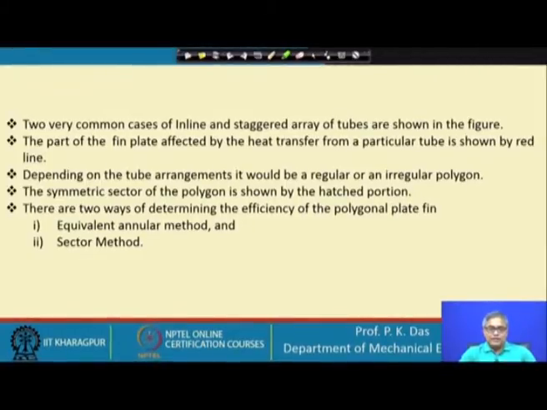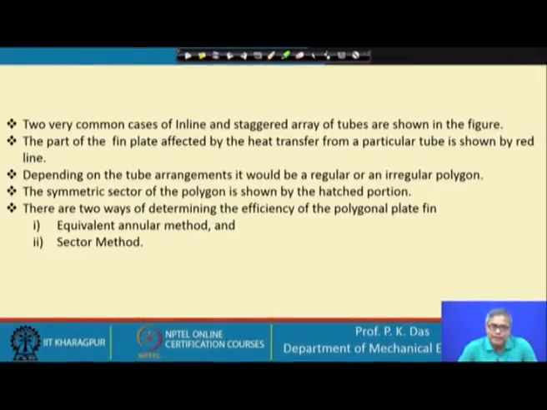Then these polygonal fins are analyzed by two methods. One is equivalent annular method or equivalent annulus method, and sector method. Here I like to say that one can do a rigorous mathematical analysis by assuming two dimensional heat conduction. That is not impossible, but that is very cumbersome and is not convenient to be used for your regular design calculation.